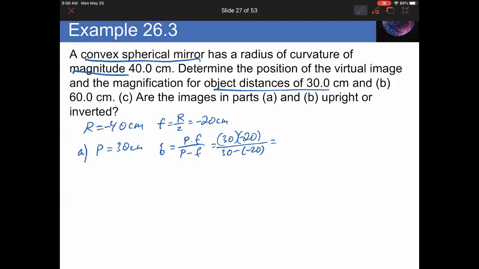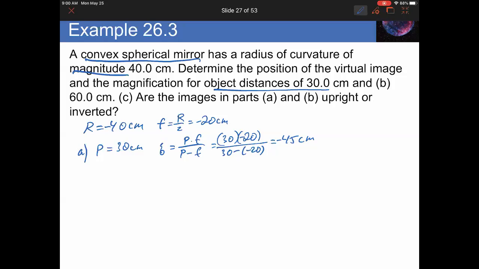In this case, I'm going to get 45 centimeters, but it's going to be negative, right? Because at the bottom, you're technically doing 30 plus 20, so it's 50. But at the top is 30 times negative 20, so it gives you a negative. So we get negative 45. But it's asking for the position. So this is a negative position, which is 45 centimeters in the back of the mirror.